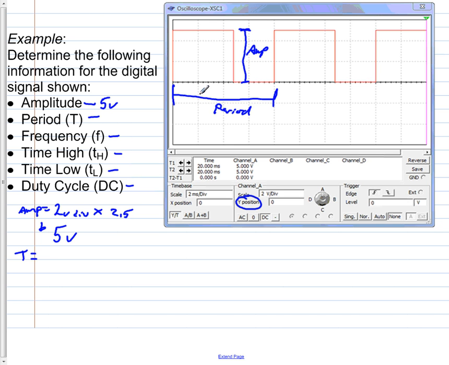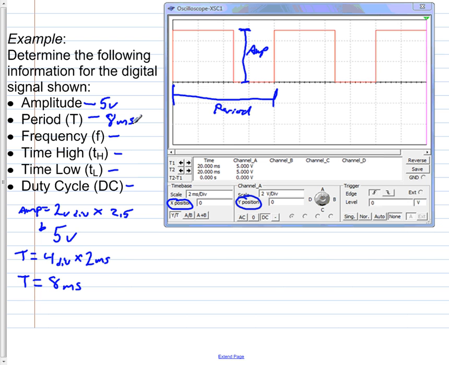Well, we have 1, 2, 3, 4 divisions. Okay, and according to this, in our X position, we have 2 milliseconds per division, so times 2 milliseconds. And that gives us a T of 8 milliseconds. So our period, T, is 8 milliseconds.